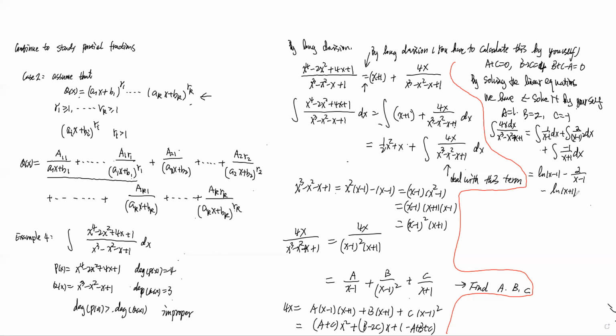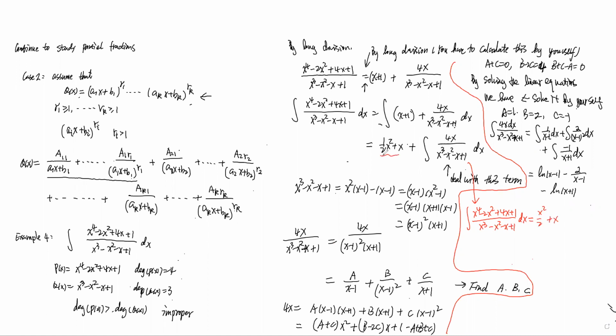Okay, let me change the color. So let's continue to this place. We have the integral of (x to the power 4 minus x squared plus 4x plus 1) over (x cubed minus x squared minus x plus 1) dx, which equals half x squared plus x.